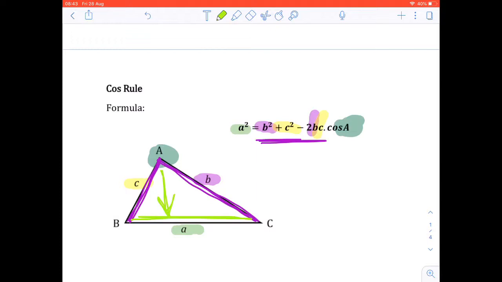The a side has to sit opposite the angle that we are applying cos onto. So usually in these questions, we say that angle A is included in the two sides, meaning angle A sits between these two purple sides that we're working with. So that's how you recognize it as cos rule.